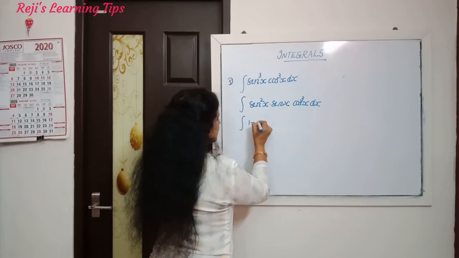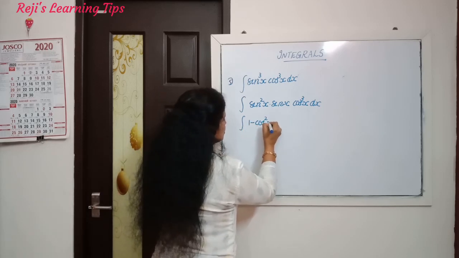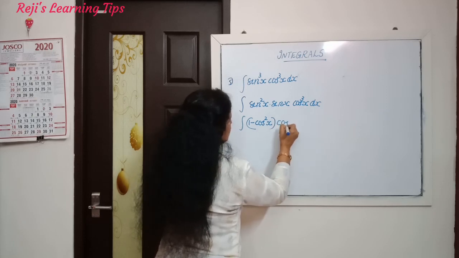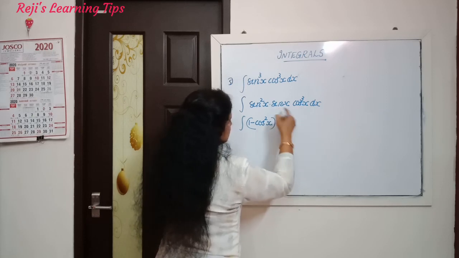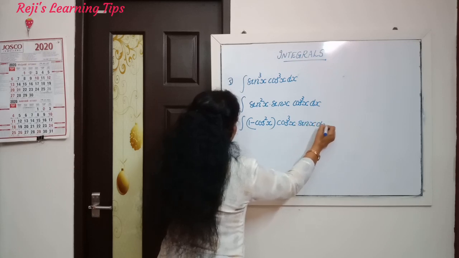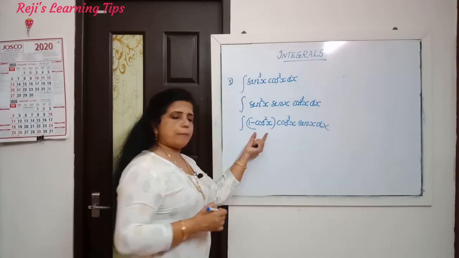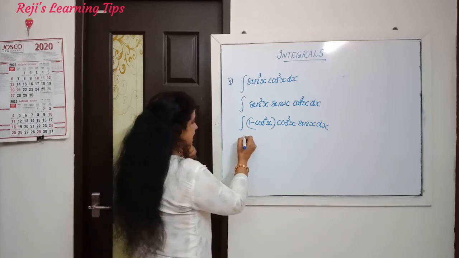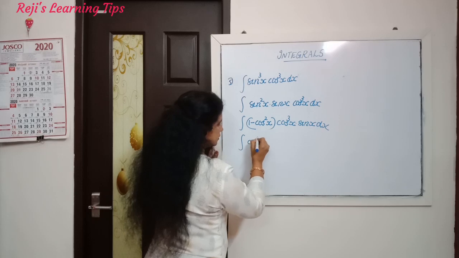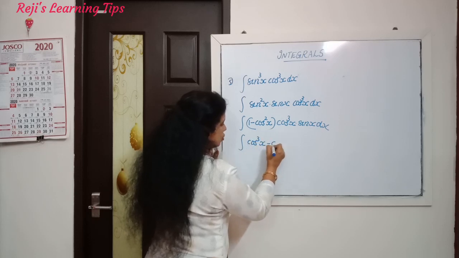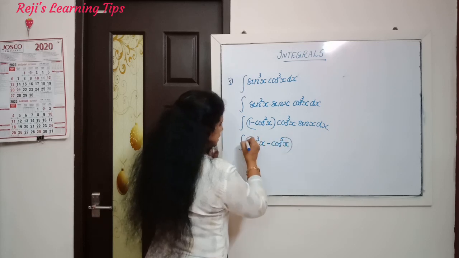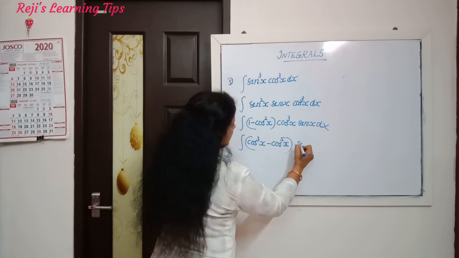So we write 1 minus cos square x into cos cube x into sin x dx. Then we open the bracket and we get the integral of cos cube x minus cos raised to 5 x, then into sin x dx.